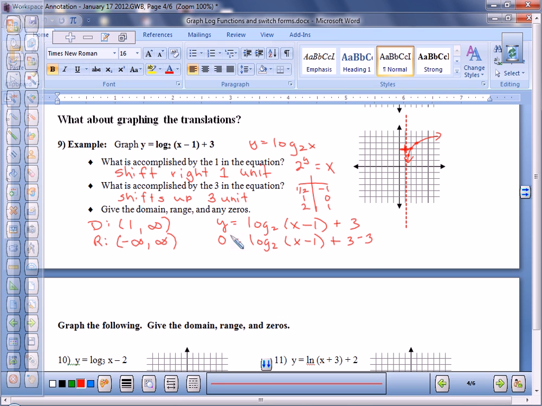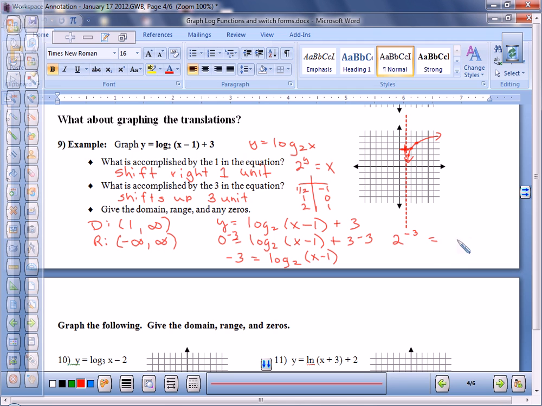Now I'm good. I've got an exponent part, I've got a base part, I've got an answer part, and that means nothing to me. So when I get stumped when it comes to logarithms, I always switch forms. So, switch forms. Let's go to exponential. What is my base? 2. What is my exponent? -3. What is my answer part? X minus 1. Well, this is just 1/8 equals x minus 1.